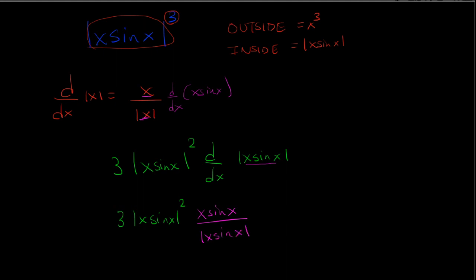And now I'll take the derivative of x sine of x. So the derivative of x sine of x, we have to use the product rule. So the derivative of x is 1 times sine of x plus the derivative of sine of x is cosine of x times x. So I'll just put it in front.